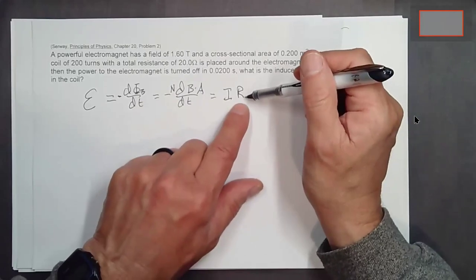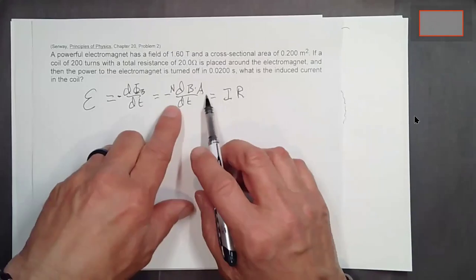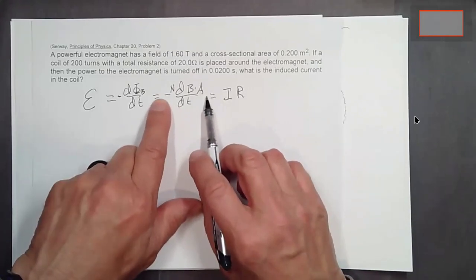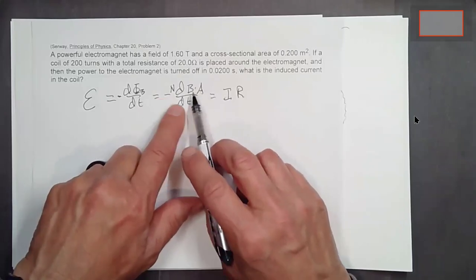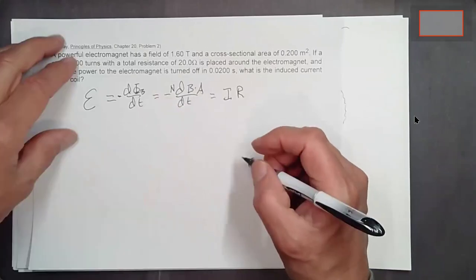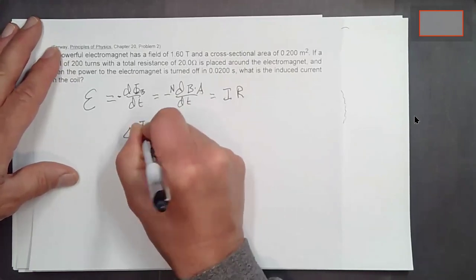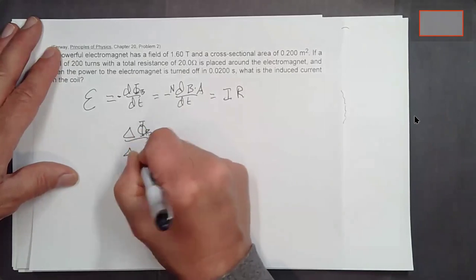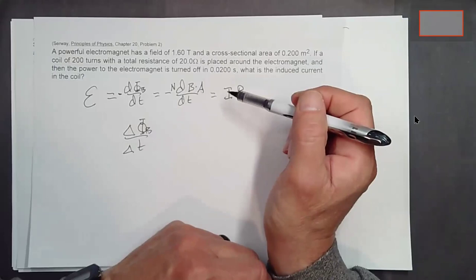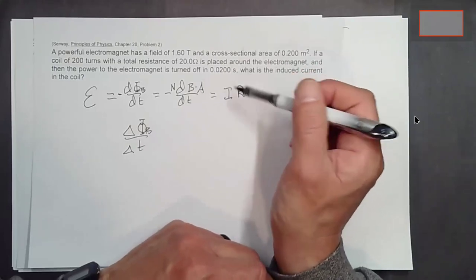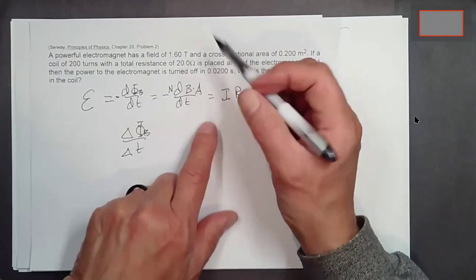The greater the resistance of the circuit, the less the current is going to be, because this part's going to be fixed. Except in this case, instead of calling it a d by dt, we can think about a delta phi sub B over a delta t. It's a pretty short time interval that we're shutting this off in, and so we can kind of treat that like a derivative.